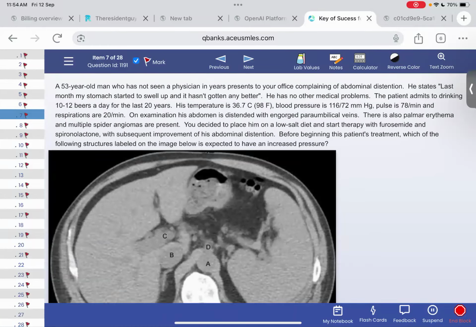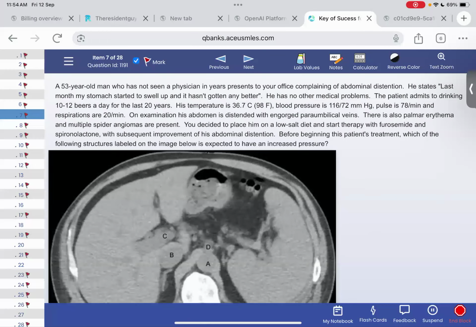His temperature is 36.7, blood pressure is 116/72, pulse is 78, and respirations are 20 per minute. On examination, his abdomen is distended with engorged para-umbilical veins. There is also palmar erythema and spider angiomas. You decide to place him on a low salt diet and start therapy with furosemide and spironolactone with subsequent improvement of his abdominal distension. Before beginning this treatment, which of the following structures is expected to have increased pressure?